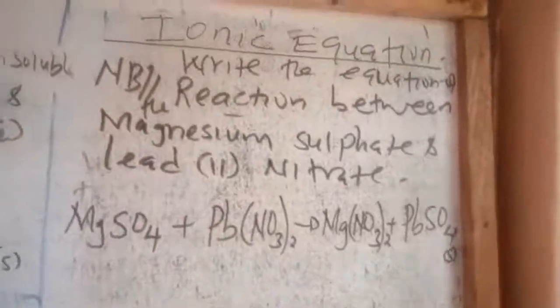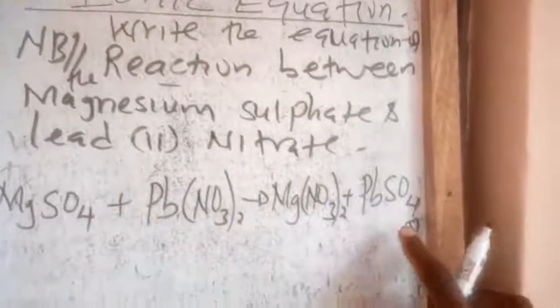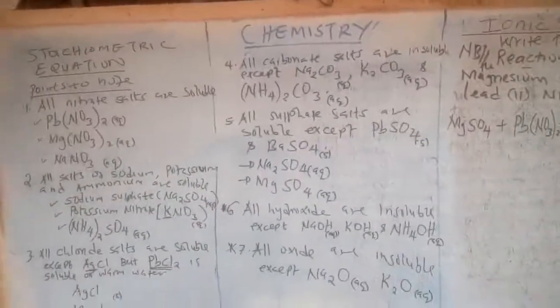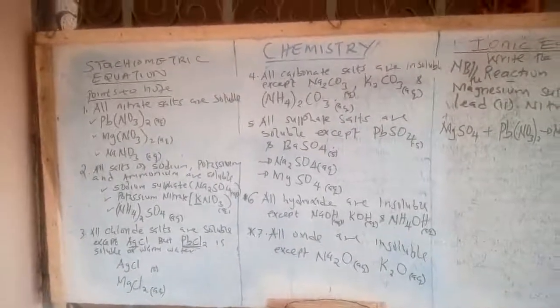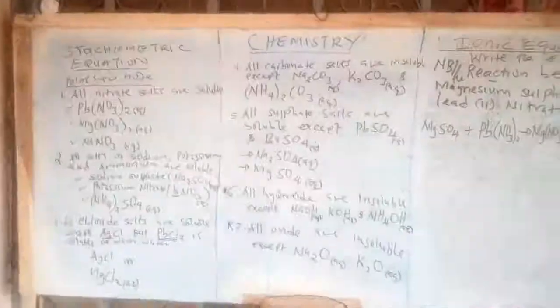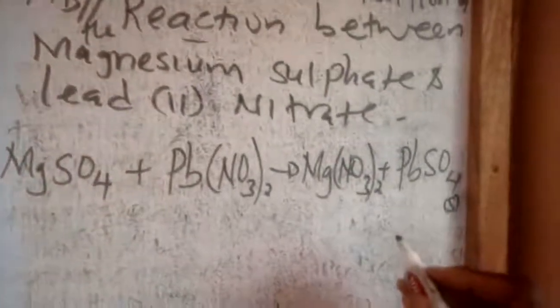Remember, lead 2 sulfate, I've written it with the symbol S here, because I said in point number 5 that all sulfate salts are soluble except lead sulfate and barium sulfate, and therefore lead sulfate is insoluble. What about magnesium nitrate?